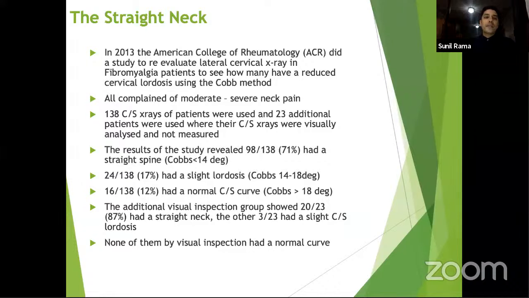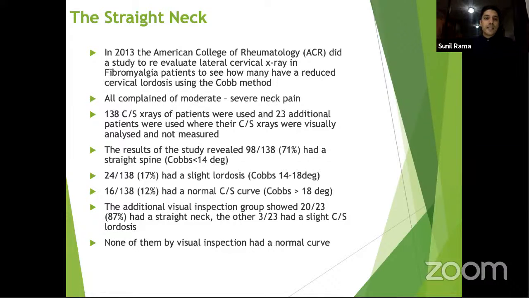And the study where they actually measured these X-rays with the Cobb's method, 138 of the cervical spine X-rays were done, and an additional 23 patients were used with the cervical spine X-rays, were visually analyzed and were not measured.